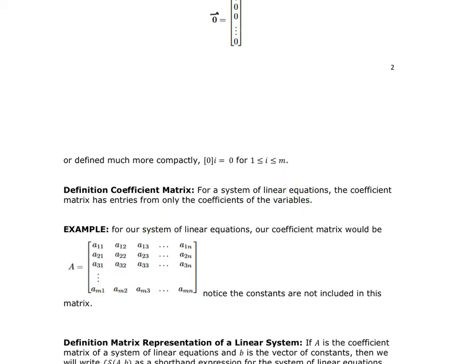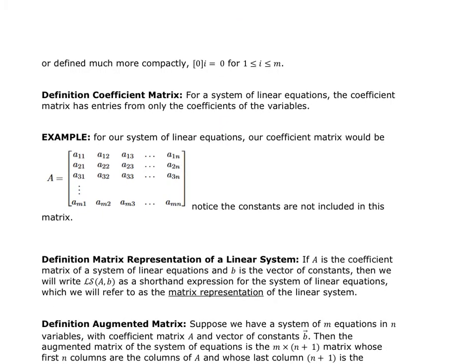Now, when we're talking about a matrix in terms of solving, there are parts to the matrix. The first part is the coefficient matrix. The coefficient matrix is just the coefficients being pulled off, not adding that extra column where the constants are. So if we look back at our linear system, the coefficient matrix A would be A11, A22, all the way down.